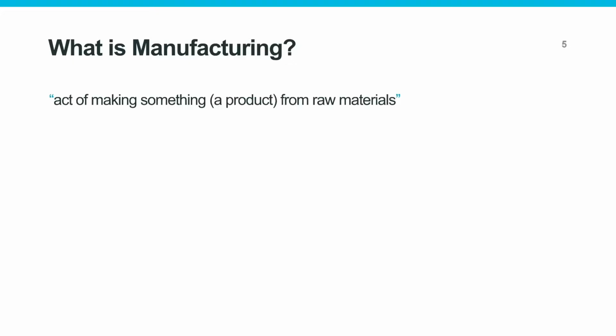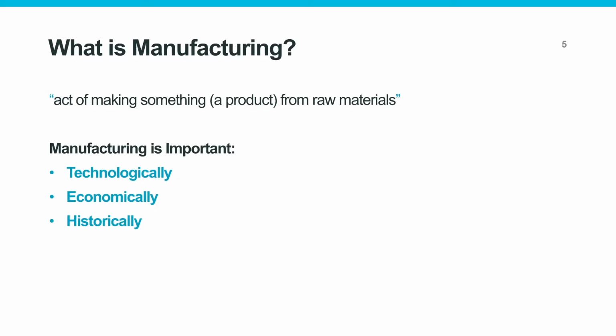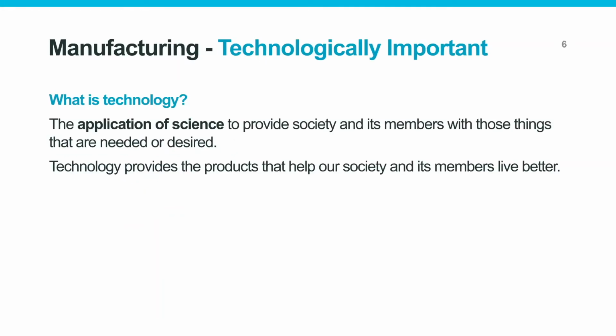Manufacturing as a verb is basically the act of making something, let's say a product, from raw materials. Manufacturing is technologically, economically, and historically important. But in order to find out why manufacturing is technologically important, let's define technology. Technology is the application of science to provide society and its members, like us, with those things that are needed or desired.